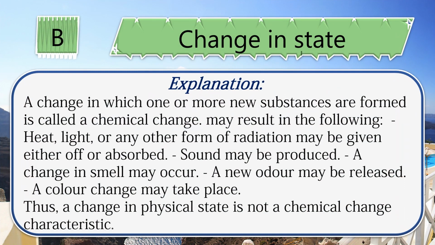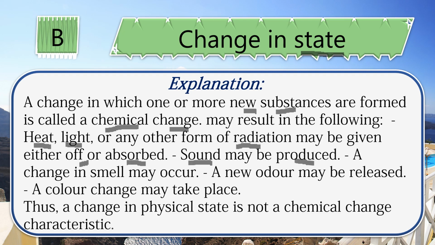The answer is change in state. A change in which one or more new substances are formed is called a chemical change and may result in the following: heat, light, or any other form of radiation may be given off or absorbed.